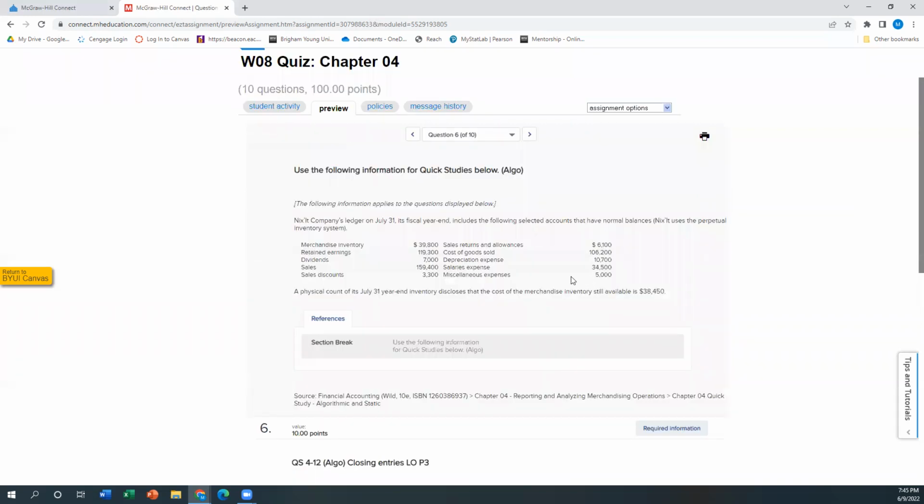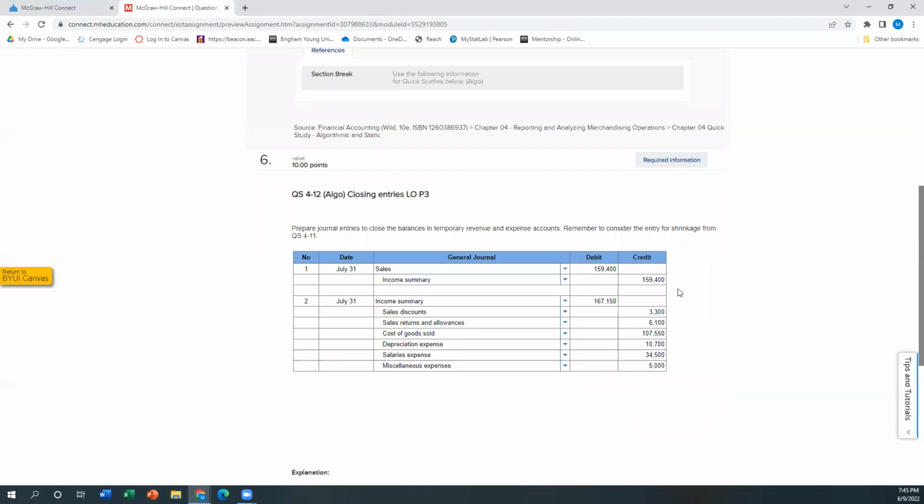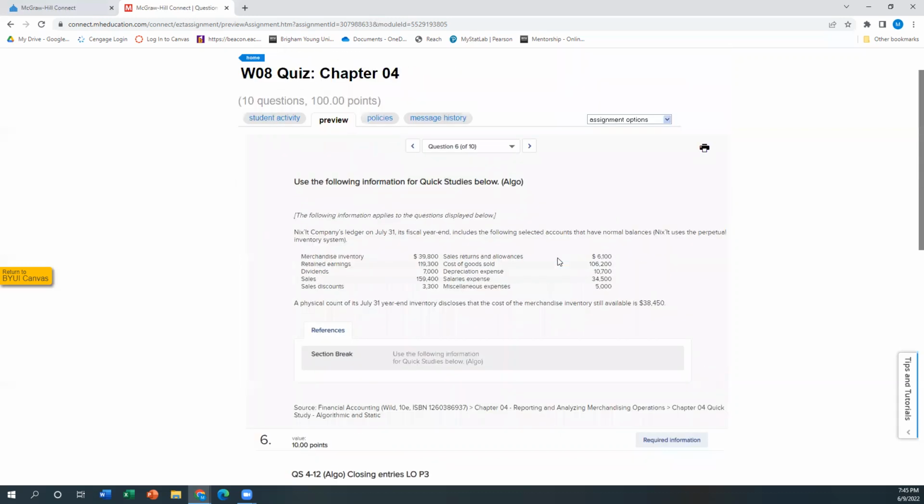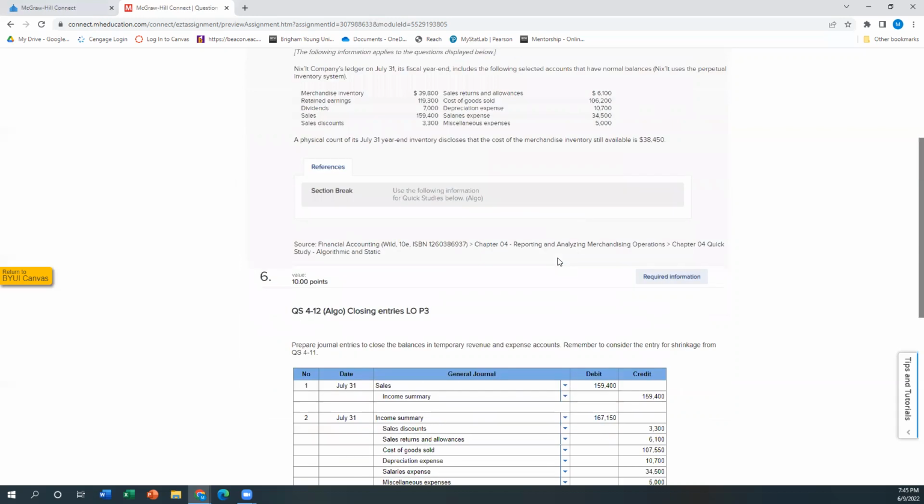All right. So number 6 says, prepare journal entries to close the balances in our temporary revenue and expense accounts. Remember to consider the entry for shrinkage from question 411. Well, that stinks. Do we have that information? Let's take a look at it.